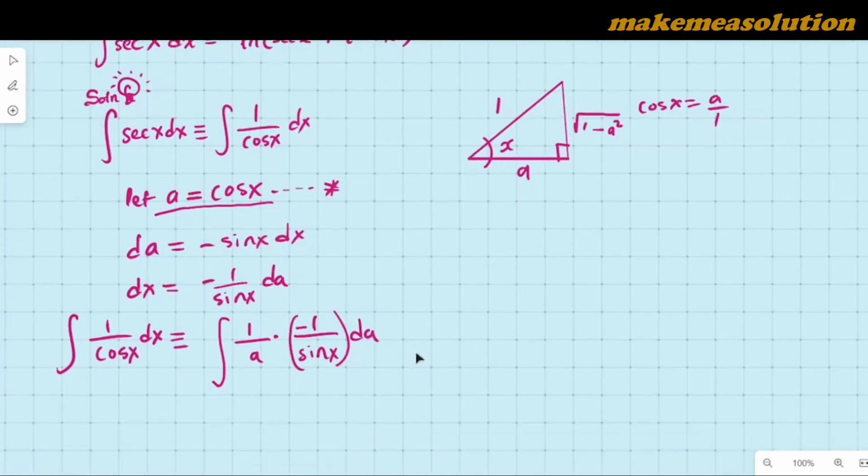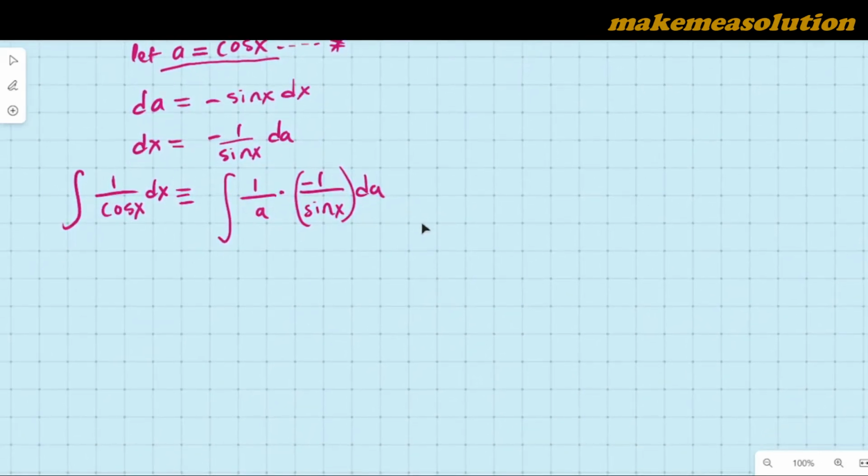So you now have your integral in this form: minus 1 over a, then 1 over sine x da.